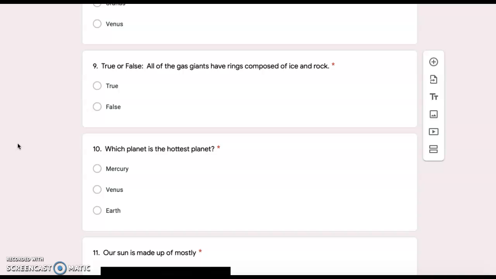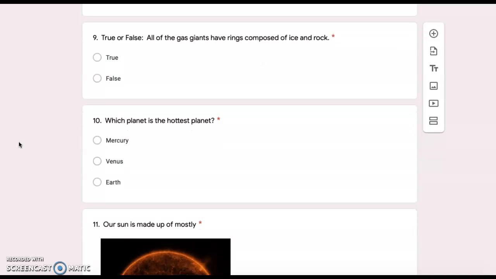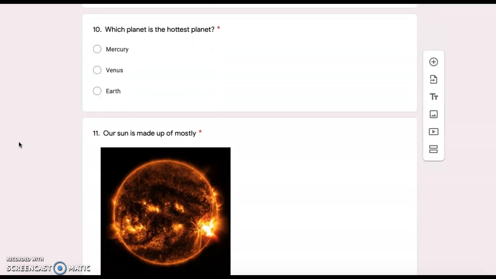Number 9. True or false? All of the gas giants have rings composed of ice and rock. True or false? Number 10. Which planet is the hottest planet?